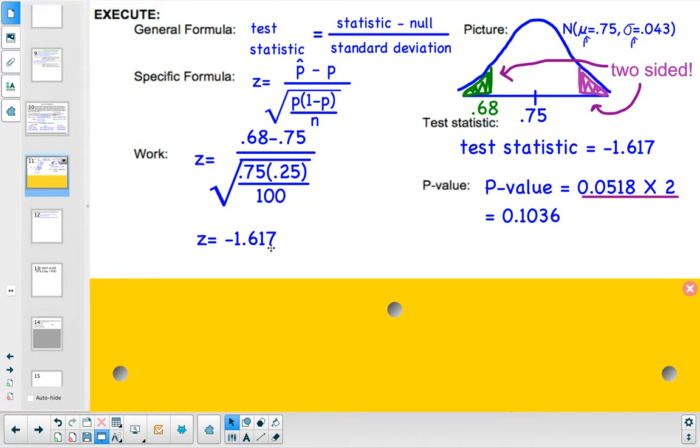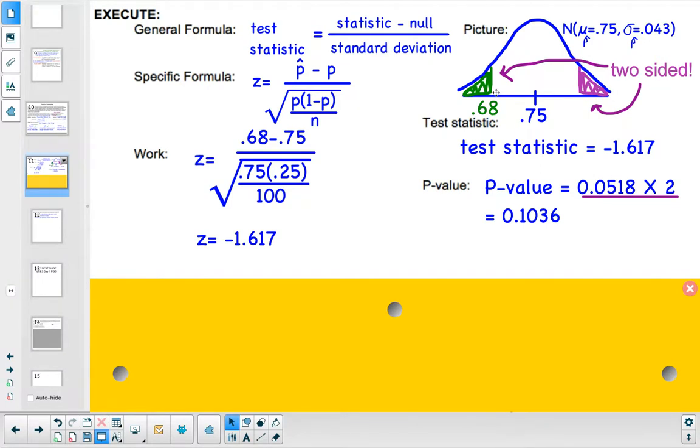Now, check out this picture on the right here, top right. This is the sampling distribution of p hats where the population proportion is 0.75, because we assume the null hypothesis is true. We've got the labels, but it's two-sided.